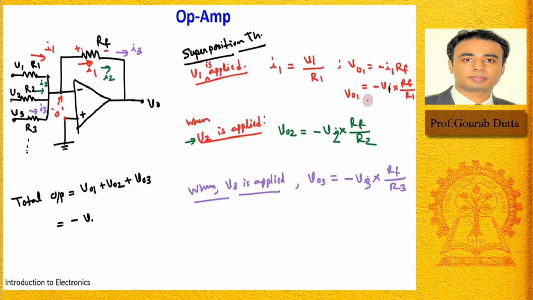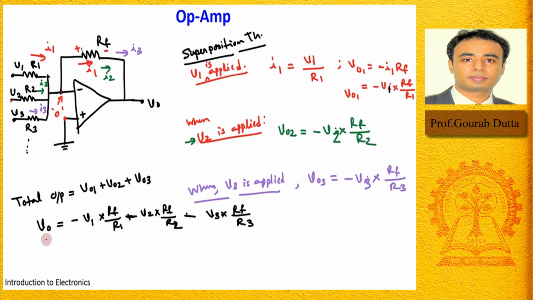So it is V1 into RF by R1, then minus V2 into RF by R2, minus V3 into RF by R3, right? This is the total output. So this is basically V naught, right? So you can see the total output in this case will be like this.